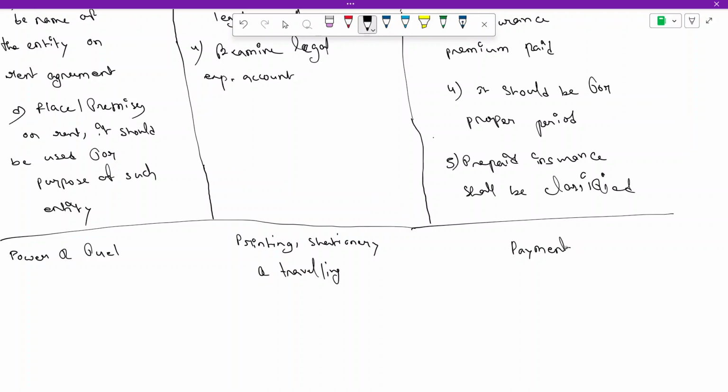Payment of income tax, and what you read yesterday or the day before yesterday, that is the provision of income tax. Provision of income tax and payment of income tax are two different things.